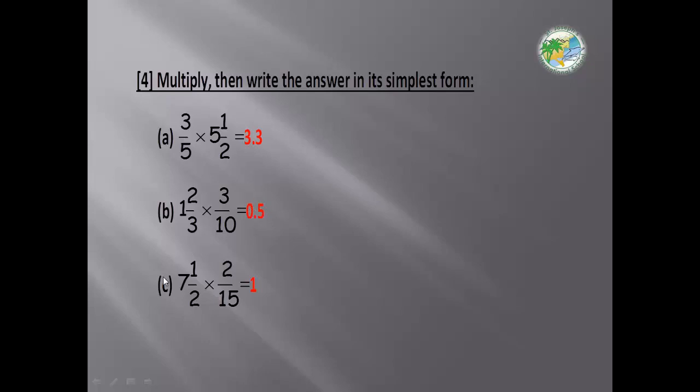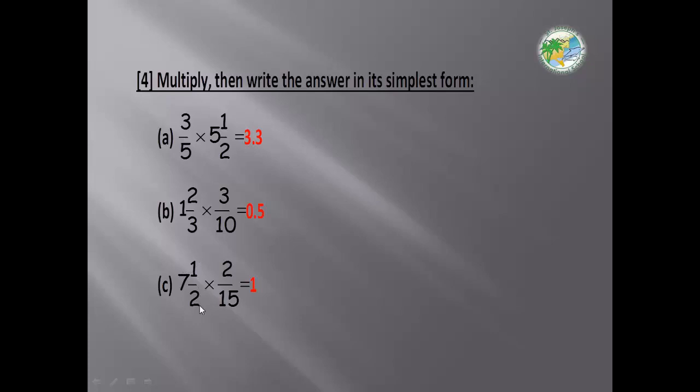Another example, 7 1 over 2 times 2 over 15. Where is the mixed number? 7 1 over 2. Change the mixed number into a fraction. How? 2 times 7 is 14. 14 plus 1 is 15. 15 over 2.